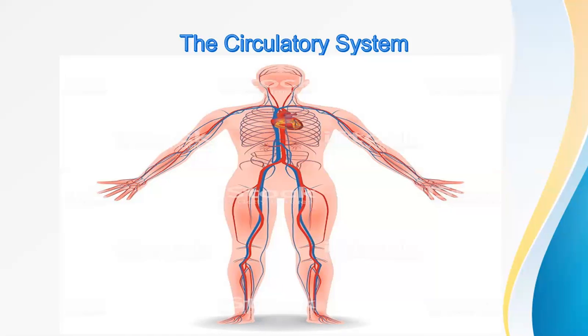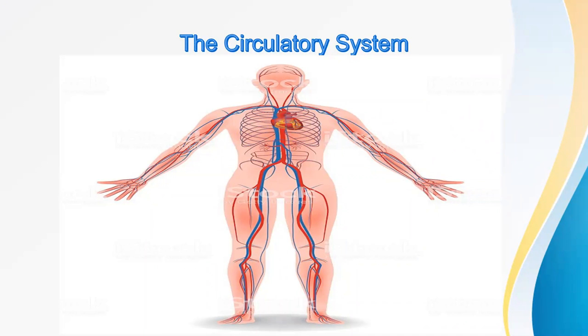In the picture, in the center part of our chest, you are seeing the heart, and all these red and blue tubes. These tubes we call blood vessels.